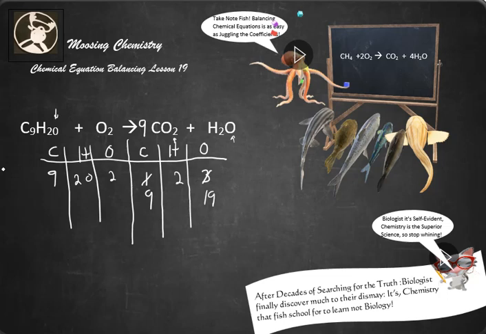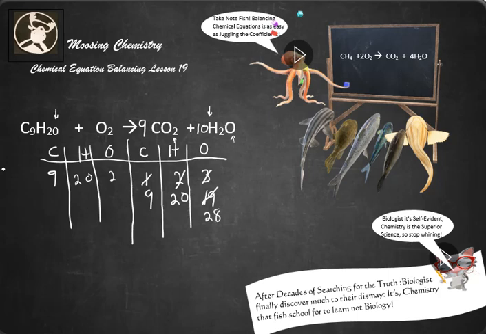So we need 20 hydrogens right here. So that means I've got to put a 10 as my coefficient in front of that hydrogen. Hey, that was simple. So that gives me 20 hydrogens. But guess what? That's going to change my oxygen count. 9 times 2 is 18, plus 10 times 1 is 10. So 18 and 10 are going to become 28.